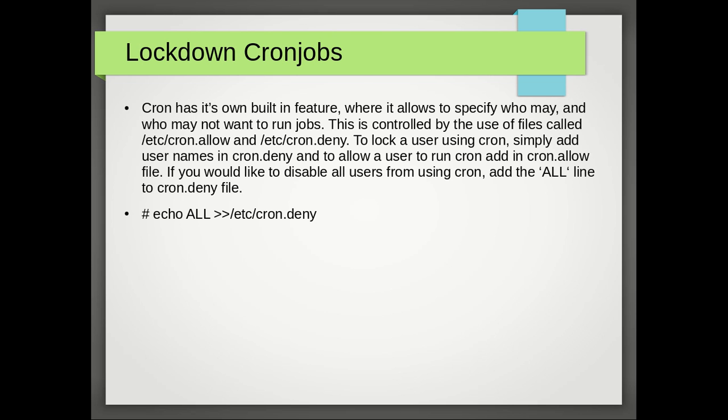Cron has its own feature where it allows you to specify who may and who may not run the jobs. This is controlled by the use of files called /etc/cron.allow and /etc/cron.deny. To block a user from using cron, simply add the username in cron.deny, and to allow a user to run cron, add the user in the cron.allow file.